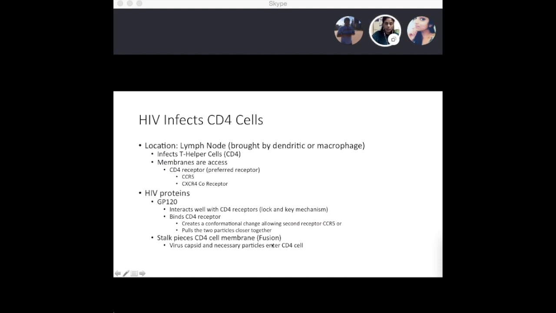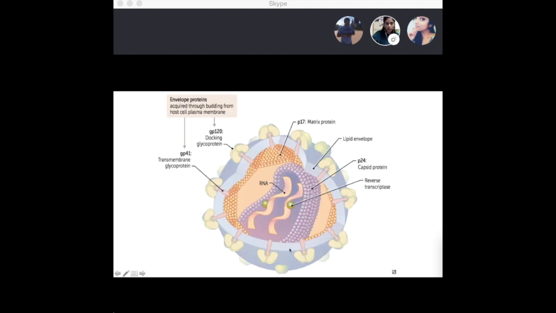And this part is called fusion. And so the viral capsid and necessary particles are then allowed to enter the CD4 cell. So, here's a picture of the HIV particle, the GP120, the GP41.